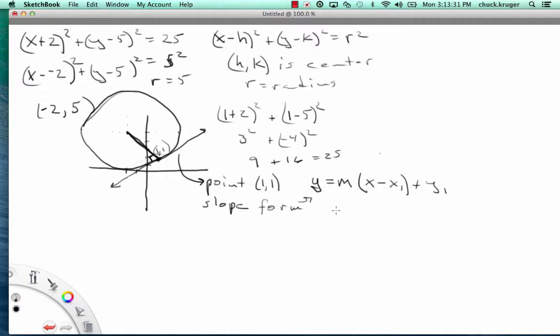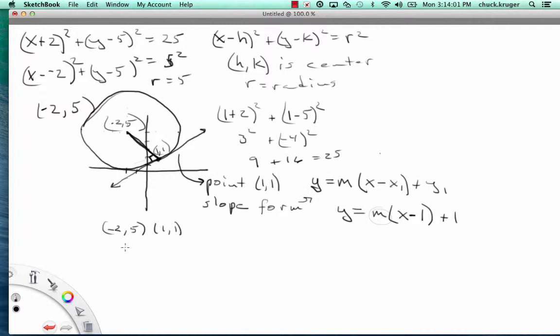Okay, and so right now what I have is y = m, again I don't know that, times (x − 1) + 1, since my point is (1, 1). So all I need to do is figure out my slope, and I'm going to use the slope of this radius. Remember, this is (−2, 5). My points again are (−2, 5) and (1, 1).